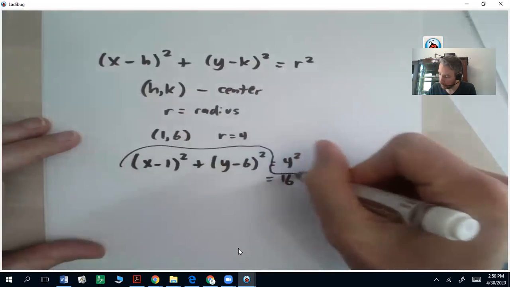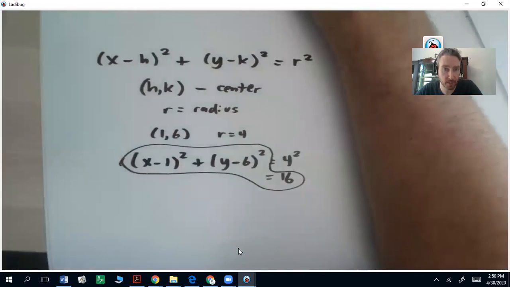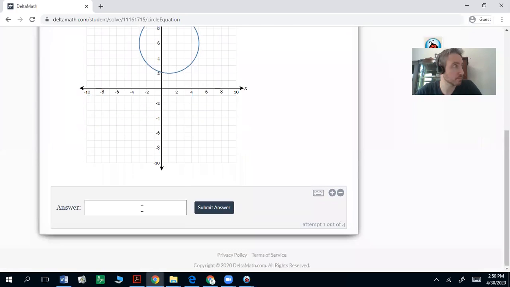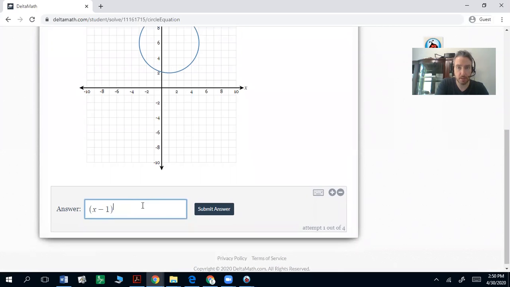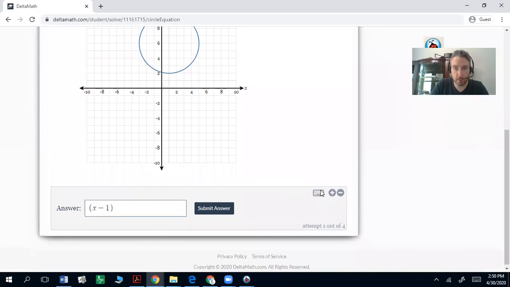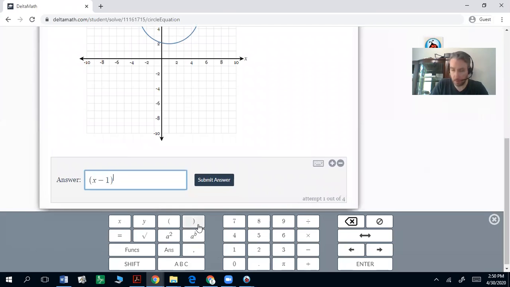So our input into Deltamath should look like that: (x minus 1) squared plus (y minus 6) squared equals 16. So let's get that in there. Just type in parentheses x minus 1, close it up. You can do Shift 6. There's also a calculator if you prefer that route, if you're on your phone or whatever, and you can raise it to a power that way. But I'm all about those keyboard shortcuts.